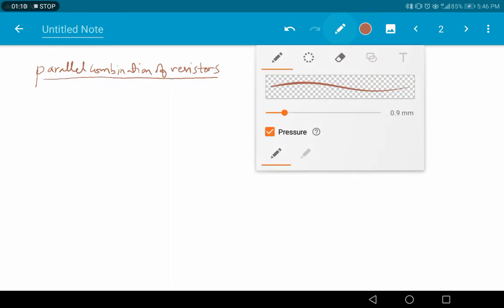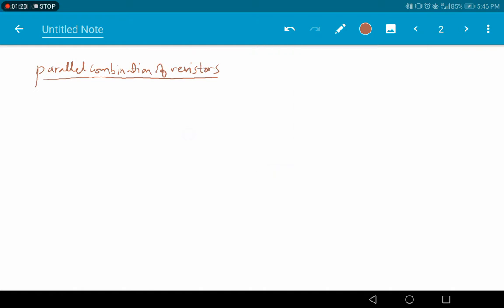In parallel combination of resistors, we connect the resistors to common points. That means one end of each is connected to one common point, and the other ends are connected to another common point. Write the notes as it is, in the same way that I am explaining.